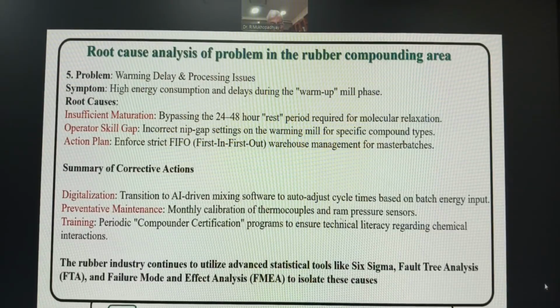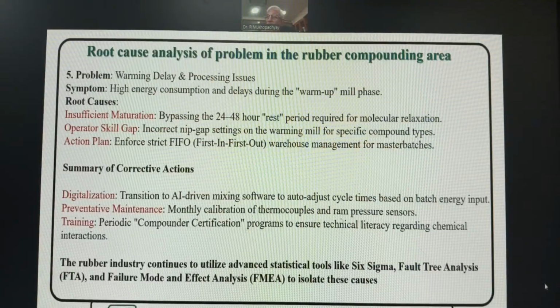And let me be very clear. Generally, the warming delay of processing, then insufficient maturation sometimes, because in the natural rubber mix, as you know, the rubber molecules are all in motion, and at room temperature, high temperature motion is more.